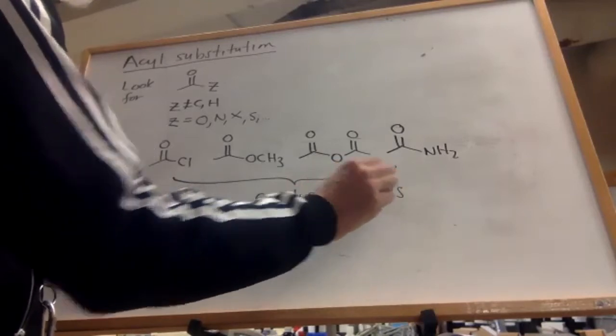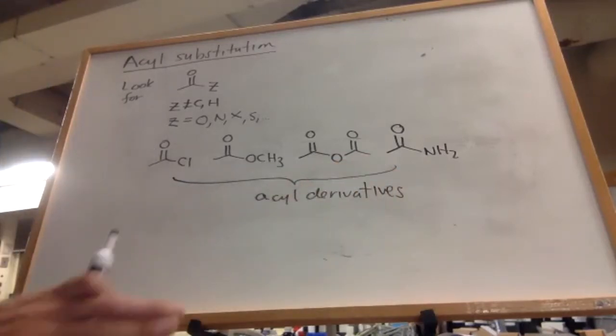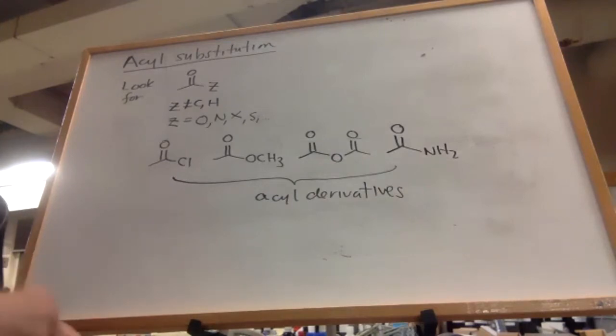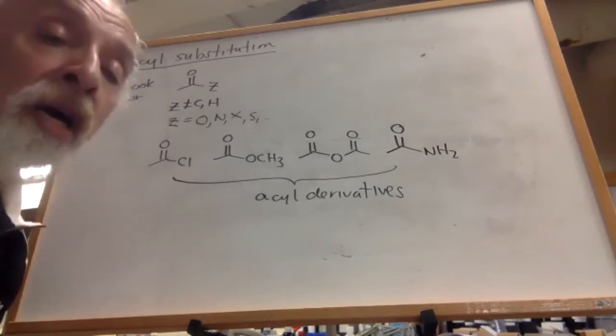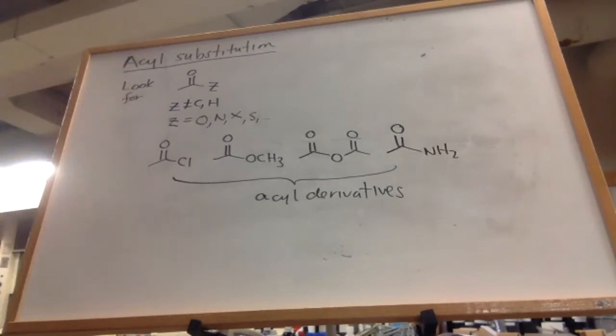And what's an acyl derivative? Once again, and this is something you're going to hear me say a bazillion times, it's a carbonyl carbon that is bonded to something that is not carbon and not hydrogen. And now this is going to be a crisis for you, because we've just finished studying reactions of aldehydes and ketones, but aldehydes and ketones are not acyl derivatives.